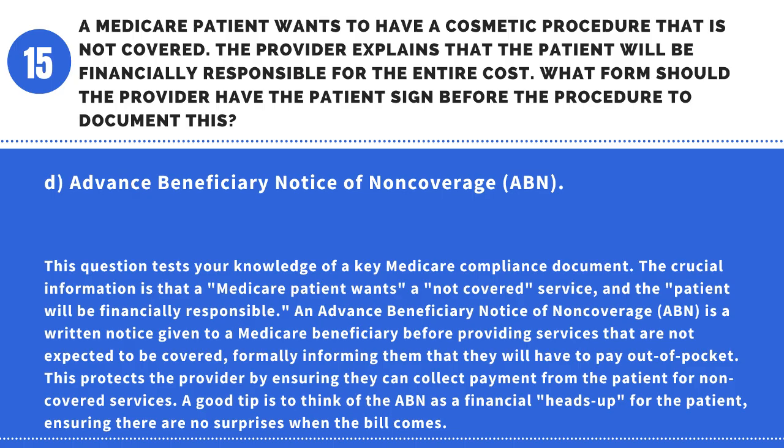An ABN is a written notice given to a Medicare beneficiary before providing services that are not expected to be covered, formally informing them that they will have to pay out of pocket. This protects the provider by ensuring they can collect payment from the patient for non-covered services. A good tip is to think of the ABN as a financial heads-up for the patient, ensuring there are no surprises when the bill comes.